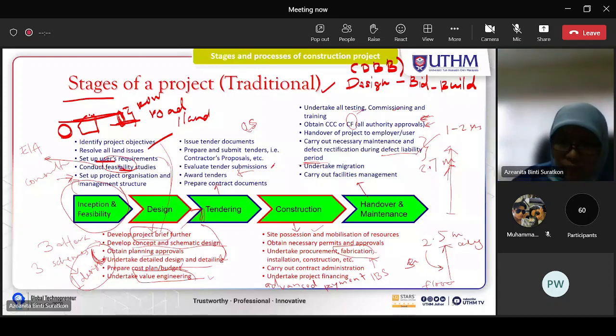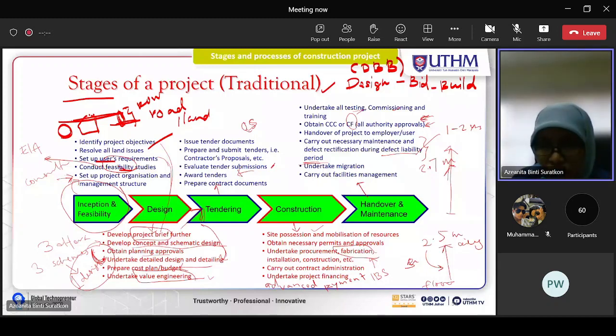Okay, and then carry out facilities management. So this is an ongoing process throughout the life cycle or life expectancy of the building. So this is maintenance and facilities management.